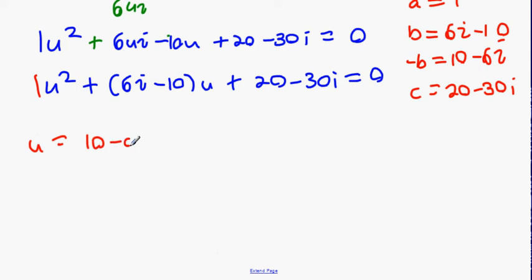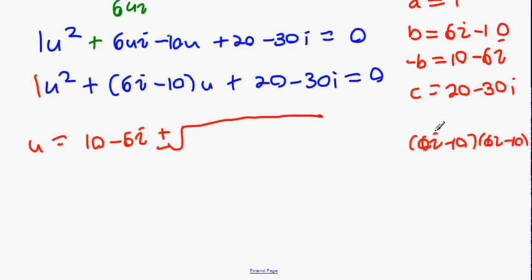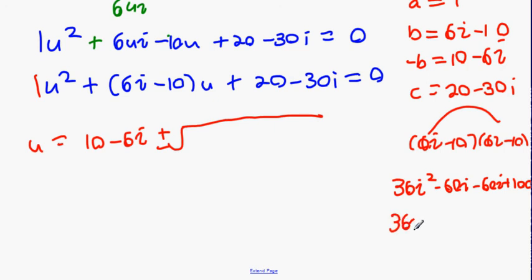So it's going to be 10 minus 6i plus or minus the square root of b squared. Now, what is b squared? b squared is 6i minus 10, 6i minus 10, 36i squared, minus 60i, minus 60i, plus 100. 36i squared, minus 120i, plus 100.